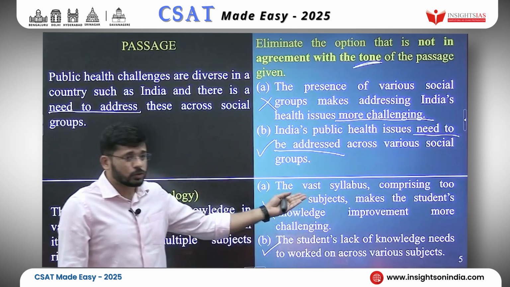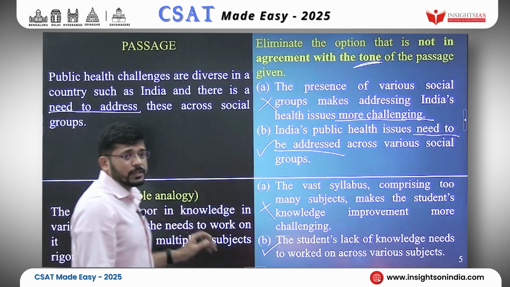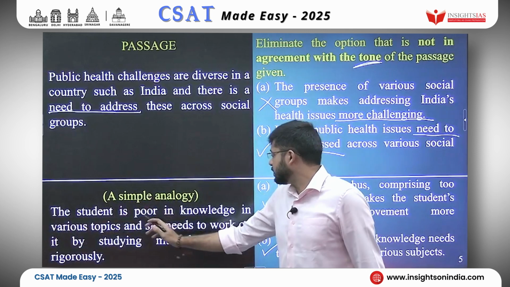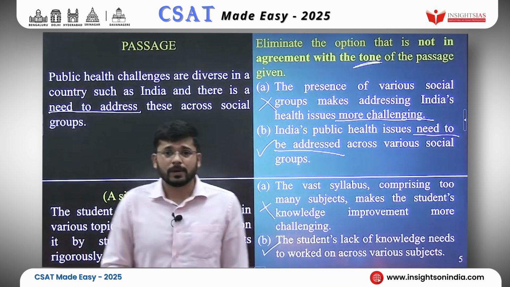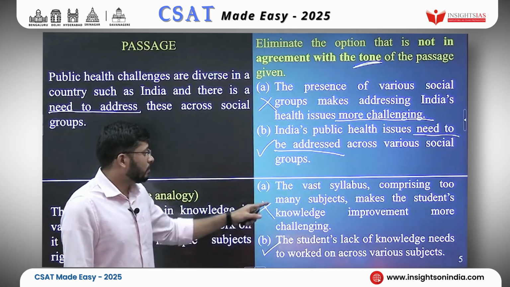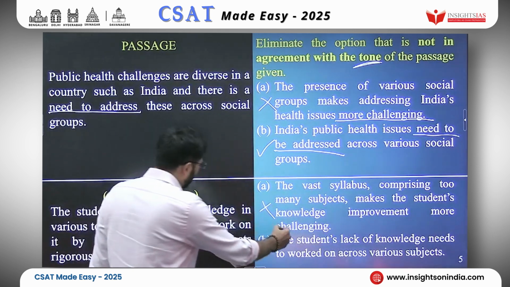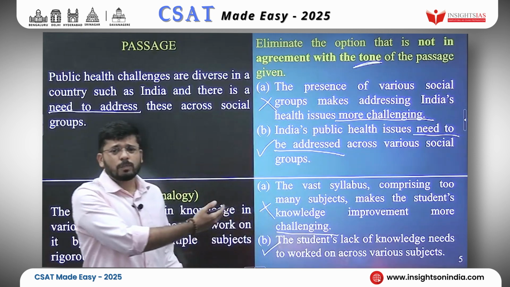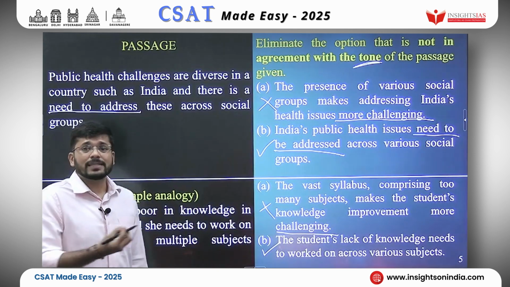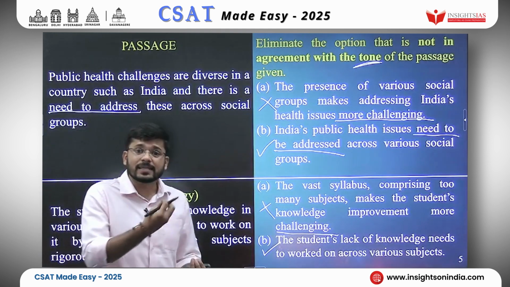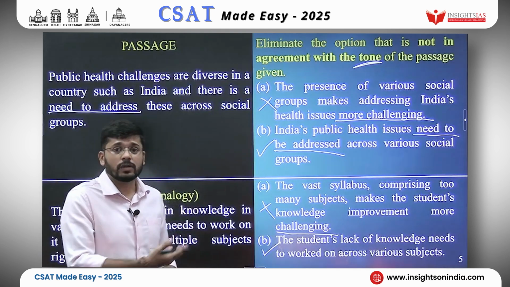Yes. Here also, what does the analogy say? The analogical passage says she is poor in knowledge, so she needs to work on it by studying multiple subjects. The vast syllabus makes the student's knowledge improvement more challenging. Maybe that might be the cause for her lack of knowledge. However, what is the tone of the passage? It asks her to work more on the various topics.